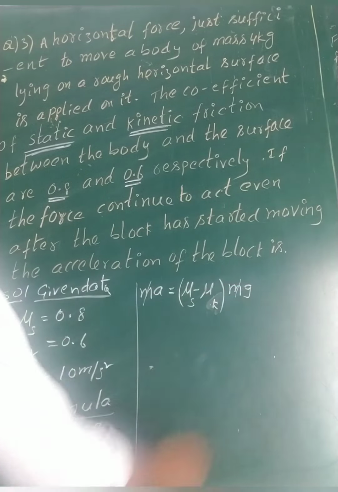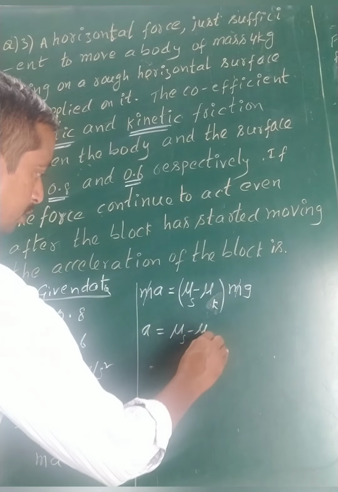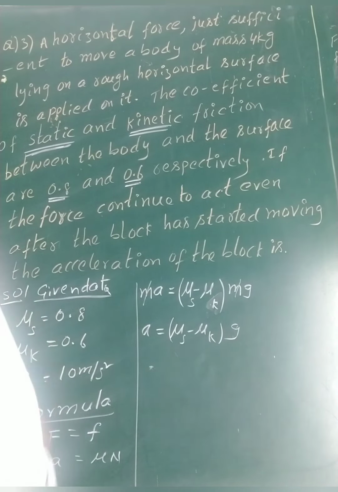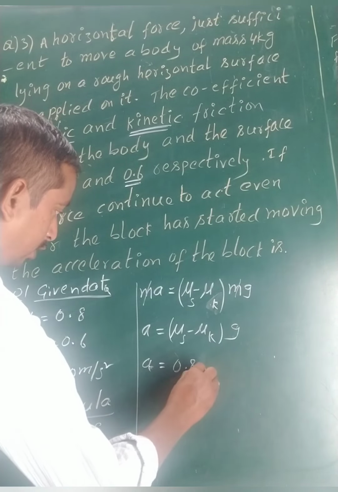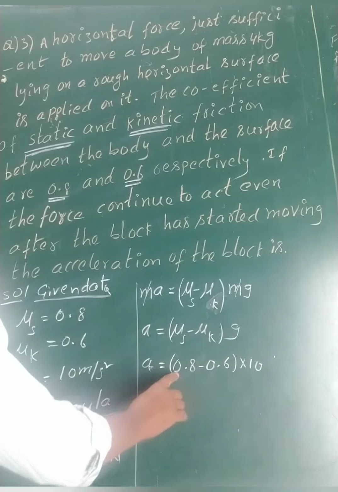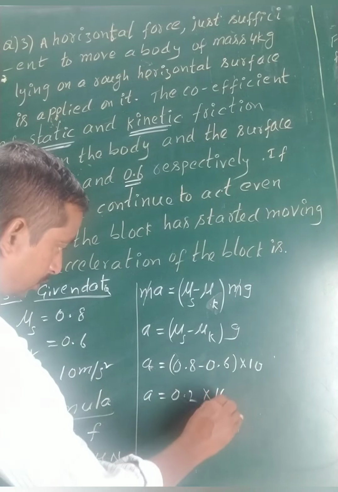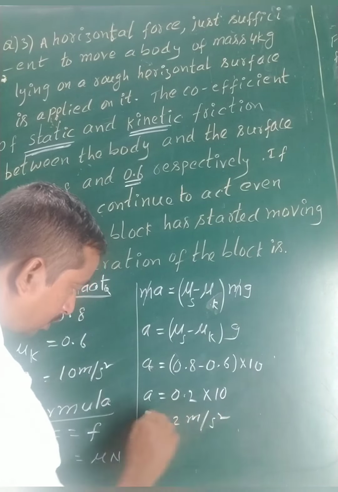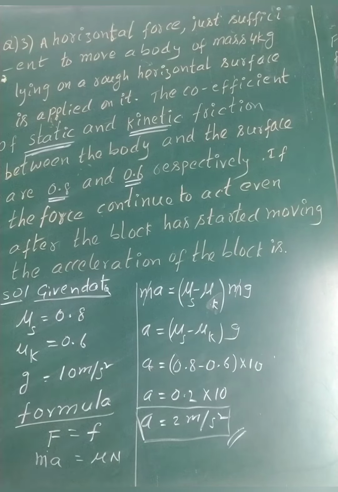Now both sides mass will get cancelled, then A is equivalent to mu s minus mu k into g. Substitute the values: A is equivalent to 0.8 minus 0.6, into 10. Subtract: A is equal to 0.2 into 10, that is 2 meter per second square.